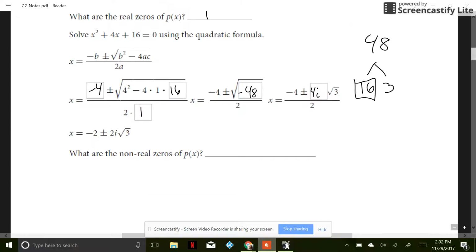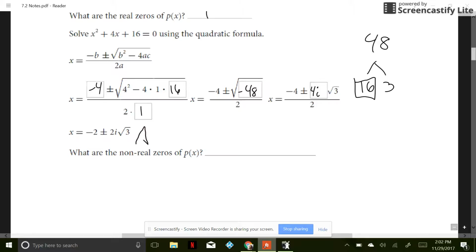We can simplify to get -2 plus or minus 2i root 3. So the non-real zeros would be -2 + 2i root 3 and -2 - 2i root 3.